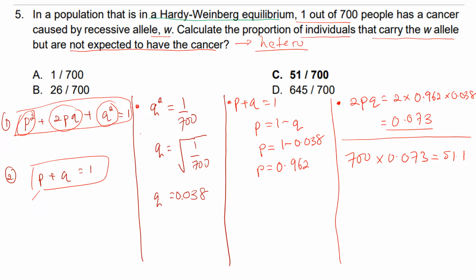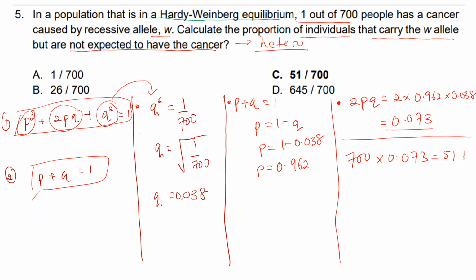In the question, it already gives you that 1 out of 700 people has the cancer. This is the proportion of individuals that are homozygous recessive, so q squared is 1 out of 700.